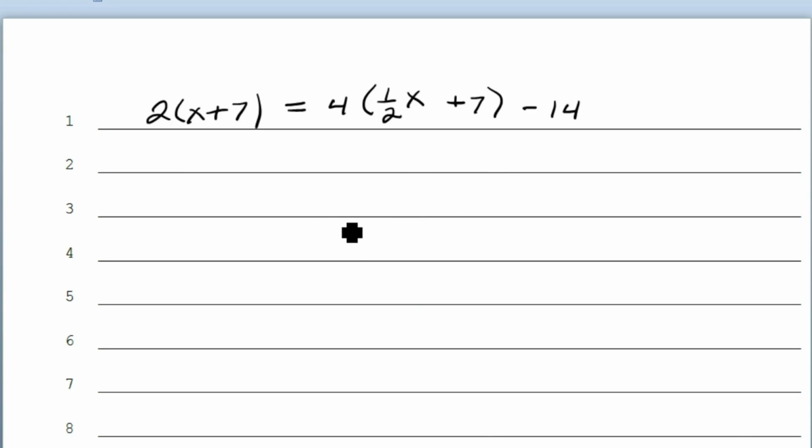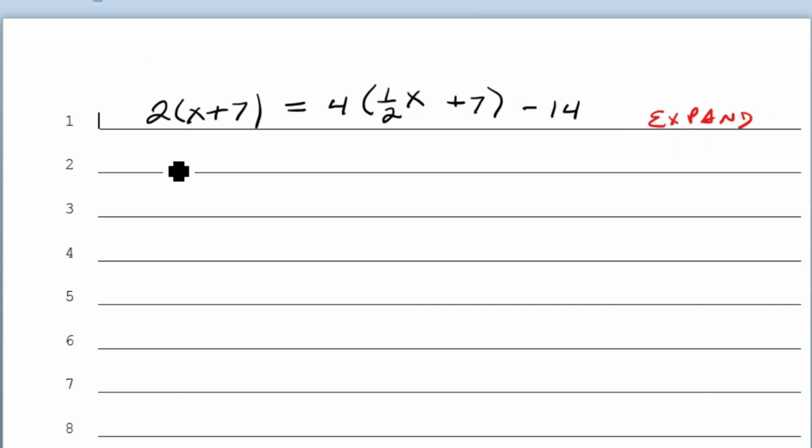Here's another equation that we'll find has more than one solution. 2 times the quantity x plus 7 equals 4 times the quantity 1/2 x plus 7 minus 14. First of all, we expand to get rid of the parentheses. Makes it a lot easier to work with.